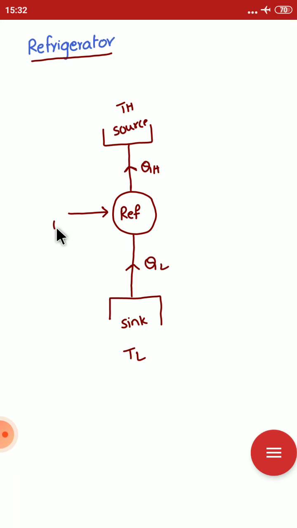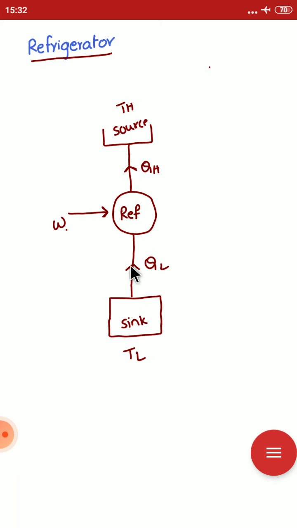When we supply work to the refrigerator, once again, the object of the refrigerator is to maintain a low temperature of a room. Suppose this is a room or a sink.